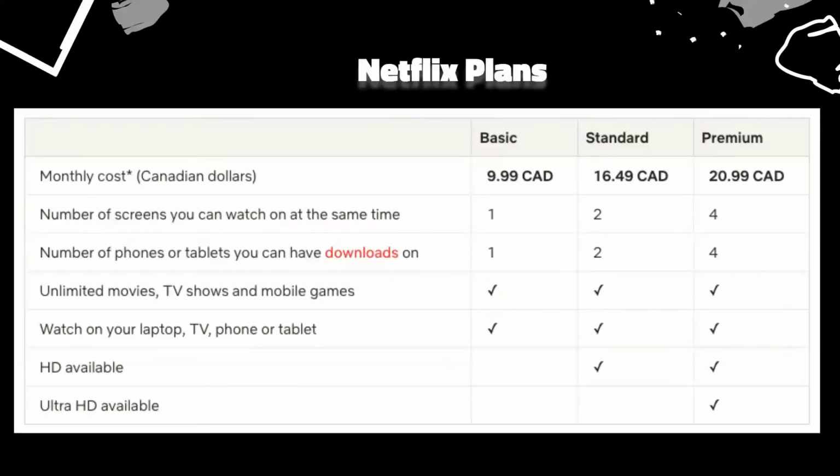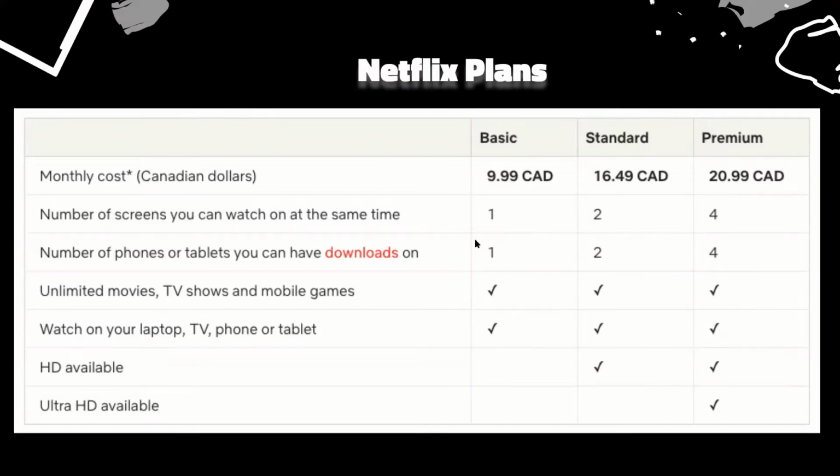So here are the Netflix plans. As you can see on the right, there are three different categories of plans: the basic plan, the standard plan, and the premium plan. They come with some different features. They all come with unlimited movies, TV shows, and mobile games. You can watch them on your laptop, TV, phone, or tablet.